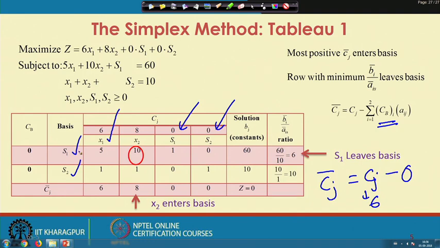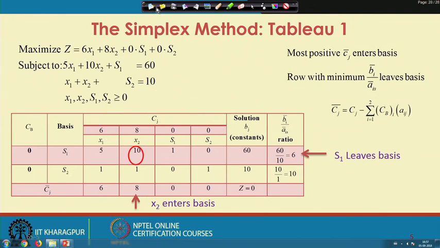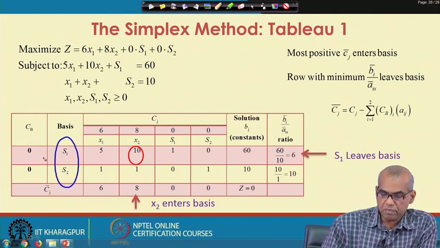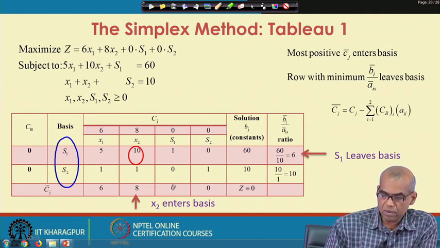So, basically the Cj bar or the relative profit coefficients for both x1 and x2 will be same as Cj for x1 and x2, which is 6 and 8. Now, we have found out the Cj bar. Note that for the basic variables, the Cj bar are 0.